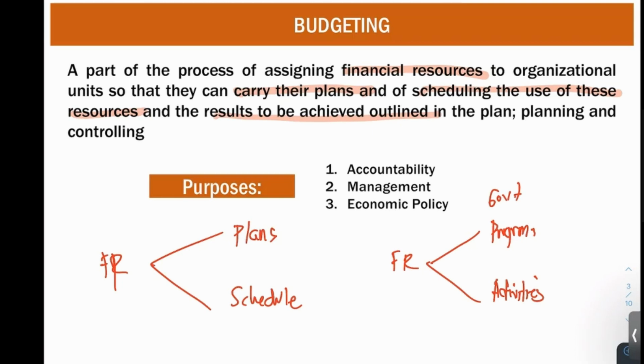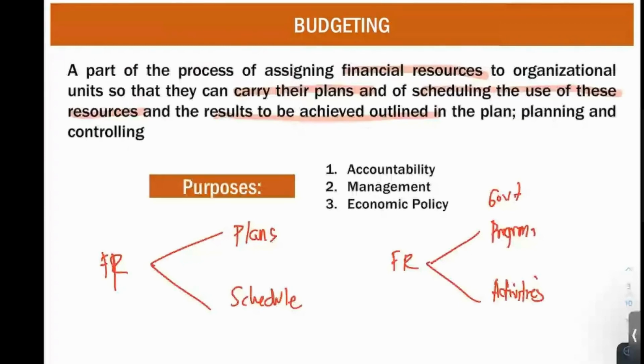First, accountability. Why is accountability a purpose of budgeting? Because we said that government agencies are responsible for the funds or properties allocated to them. Therefore, they are also responsible for the management of the programs for which these funds are to be used.